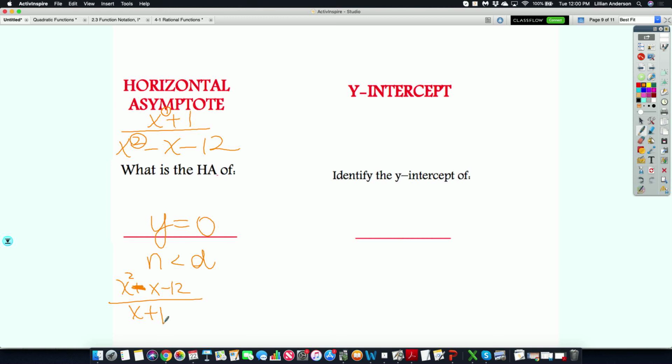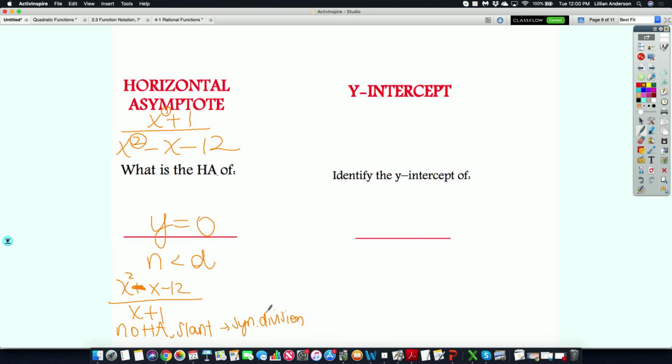To find those, you do synthetic division because it's an equation. Okay? So this one would be no horizontal asymptote. It would be slant, and we would need to use synthetic division to find the equation. Sometimes you will be asked to actually figure out what that slant asymptote is. In that case, it would be a line that you have to graph. Okay?